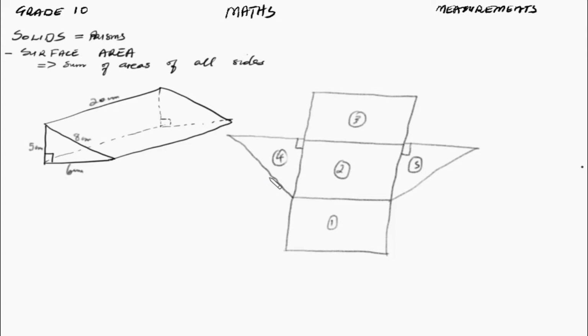So what would happen is that this side would be, say, this 6. That means this would be 5, and this one would be 5 also. This would be 6 as well, 6 here, 6 here. But here it's 8, 8 there, right?